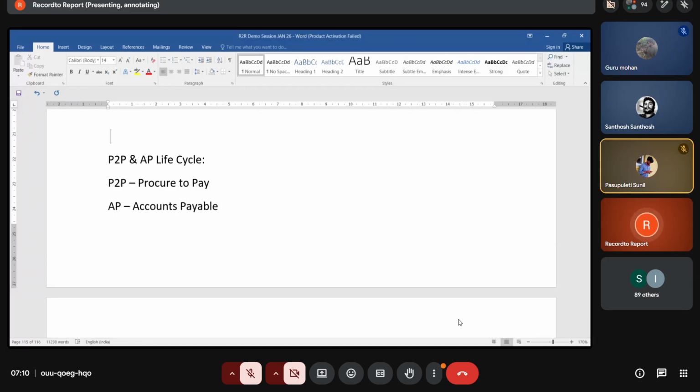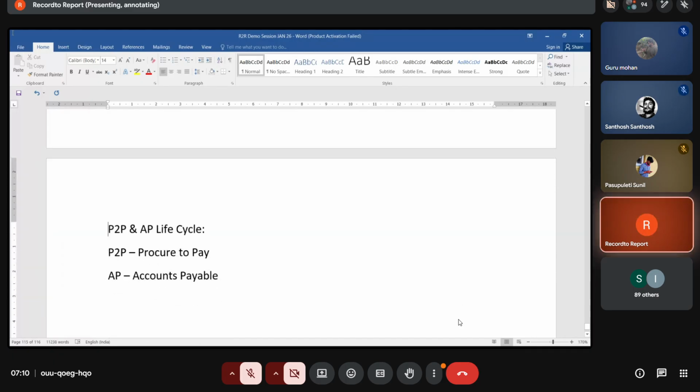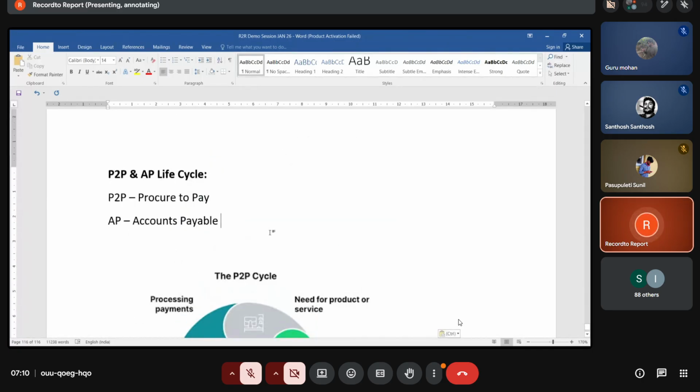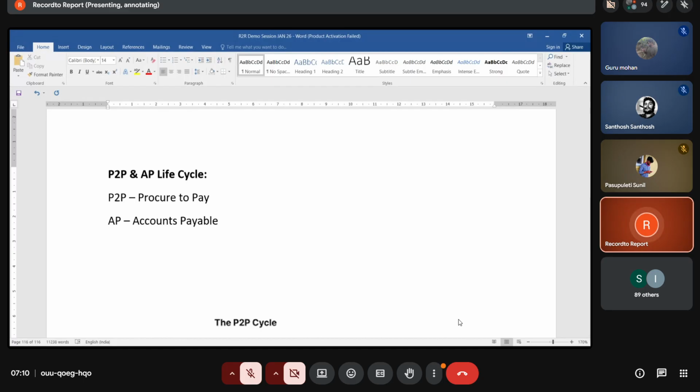P2P is one of the finance and accounting processes which involves recording all the journal entries related to the purchases. P2P will take care of all the purchases in the day-to-day business, and AP will take care of all the payments. So both are interlinked.